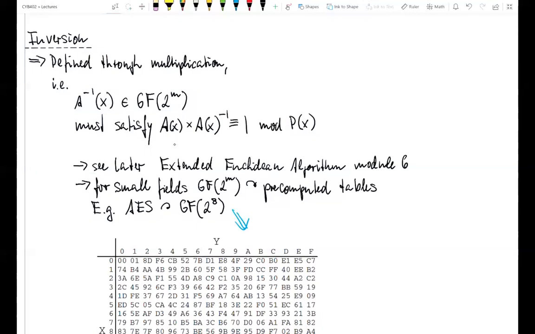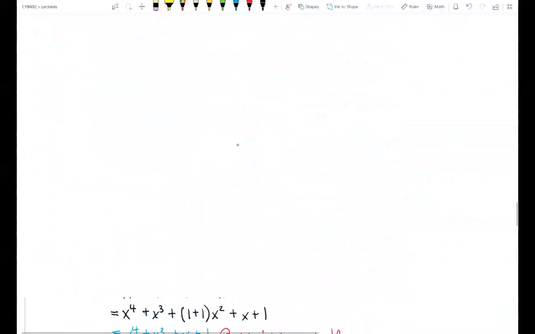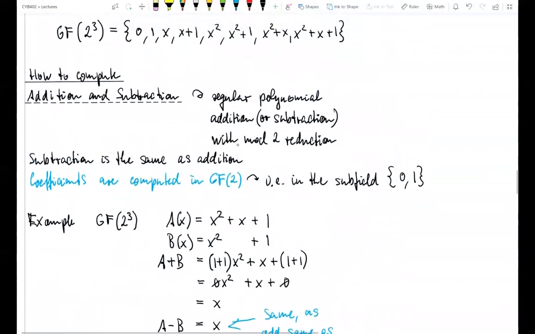So what I said before is true here as well. The extended Euclidean algorithm can be used, which we are going to get to know in module 6. Wait a minute, did I say module 5 before up here? I need to check that.